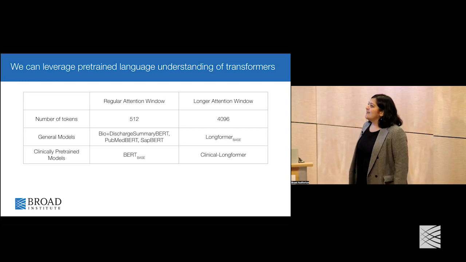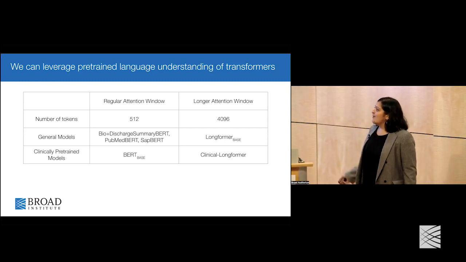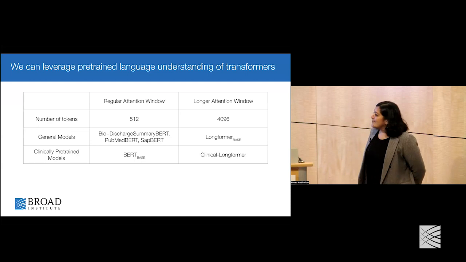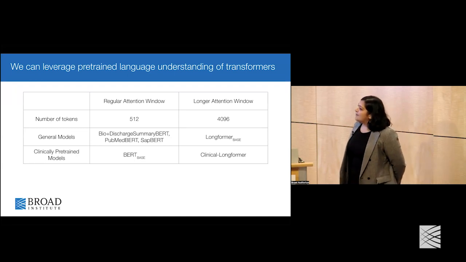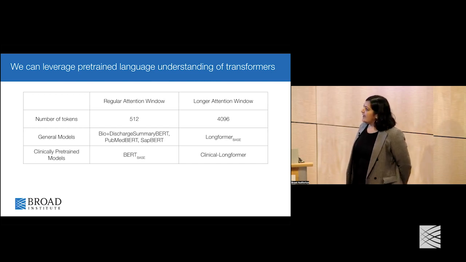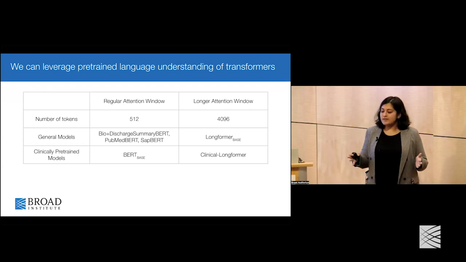Emily explained extensively a lot of these transformer-based models that we're working with. Bio discharge summary BERT is Emily and Co's model. PubMed BERT, SAP BERT, these are all clinical and biomedically trained BERT-based models. They have an attention window of about 512 tokens.